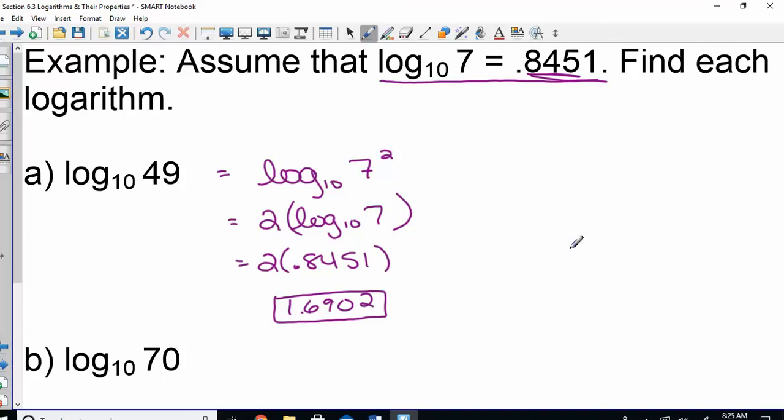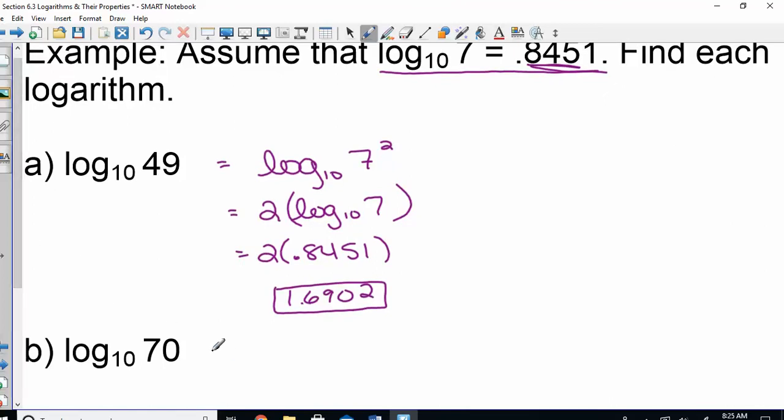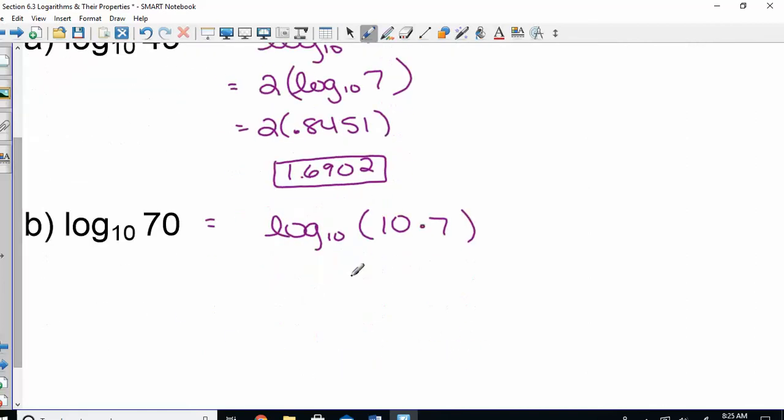So we can use these properties to evaluate things we may not otherwise be able to. Log base 10 of 70. How could I rewrite 70? 10 times 7. And we can break apart multiplication by adding.